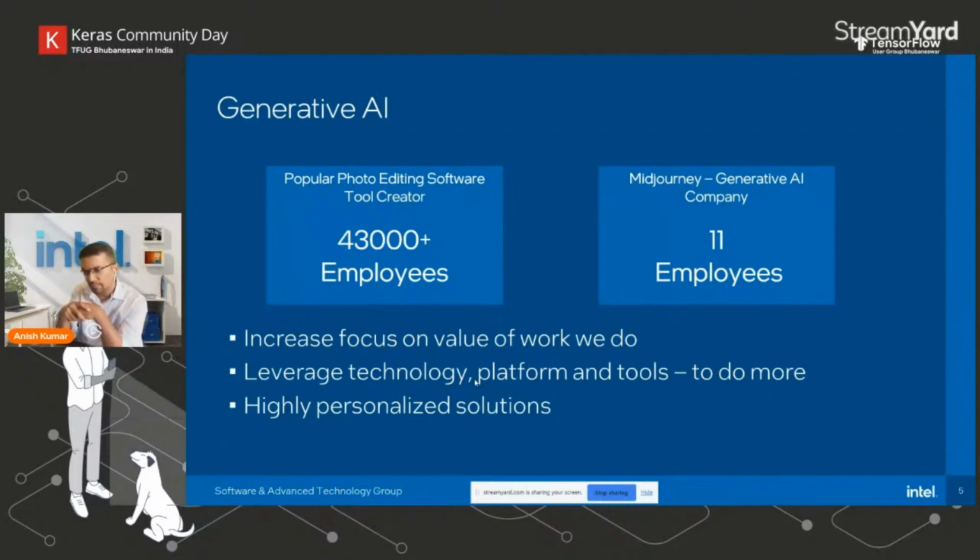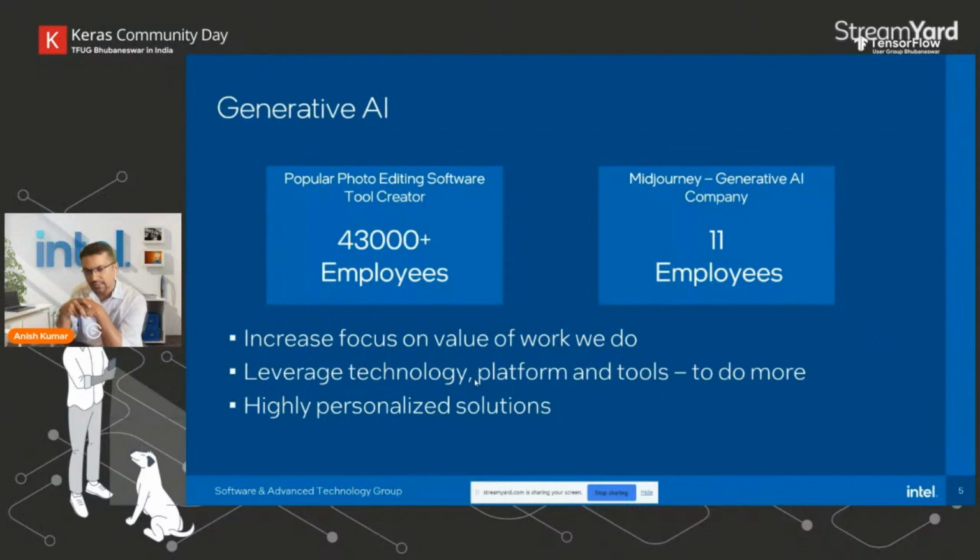My personal take is that, going forward, a lot of this creative work, which involves generation of text, generation of images, generation of audio, including music, and generation of video, will be taken over by AI, specifically by generative AI.